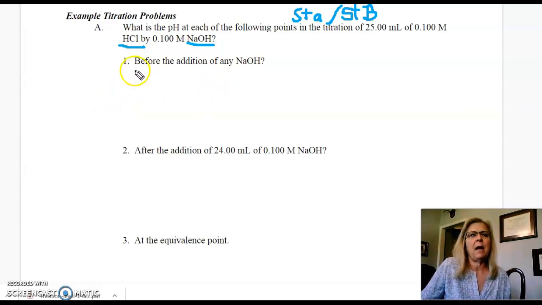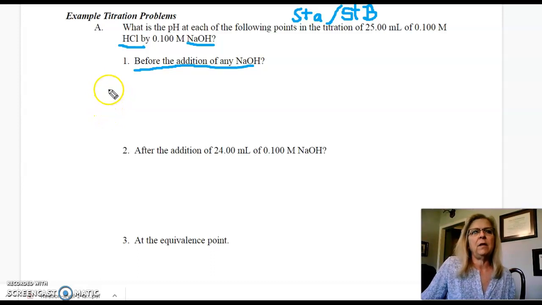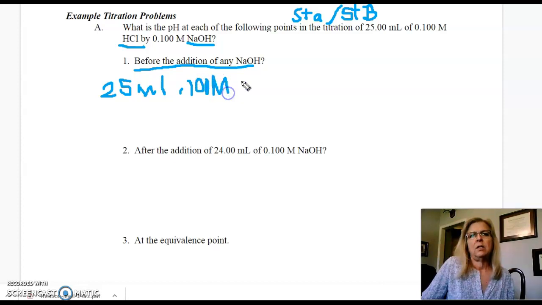First, we have before the addition of any NaOH. What we actually have before the addition of any NaOH is 25 milliliters of 0.100 molar HCl. HCl is our strong acid, so no need for a rice table when we have a strong acid.